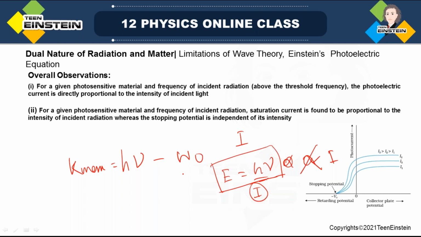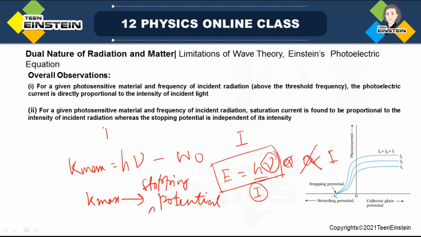We have discussed that the stopping potential directly corresponds to the maximum kinetic energy of the electrons. The maximum kinetic energy is directly proportional to the stopping potential, and that can be increased only when you increase the frequency, not by increasing intensity.